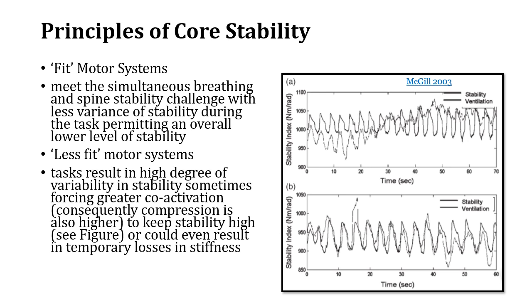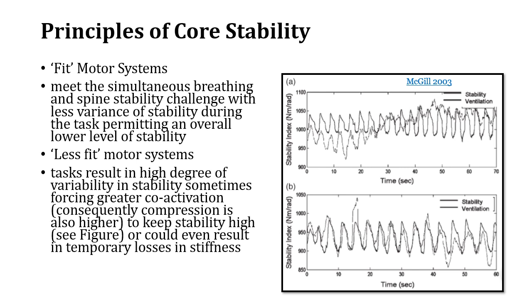Whereas the less fit motor system results in high degrees of variability in stability, sometimes forcing greater coactivation, and consequently compression is exceedingly elevated as compared to your healthy spine or healthy fit motor system.